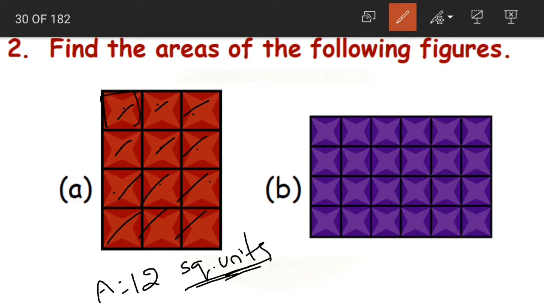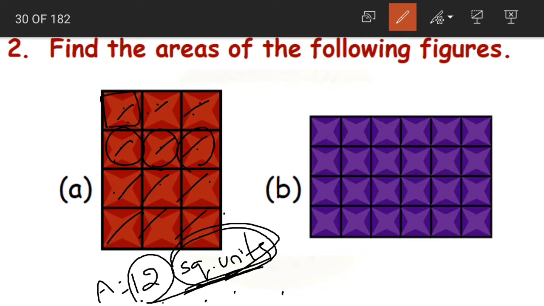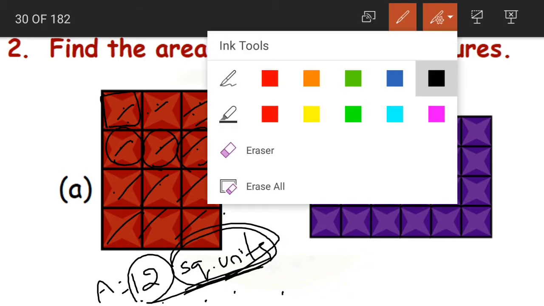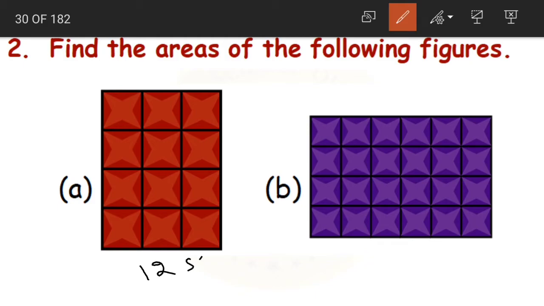Why am I taking units here and why am I writing square units? We are counting the number of squares and writing the area. So when you are counting the number of squares and writing the area, you should mention square units. These are not centimeters, right? I cannot say 12 square centimeters. Do I know that this is 1 centimeter each?